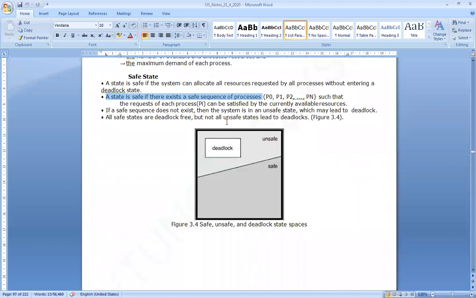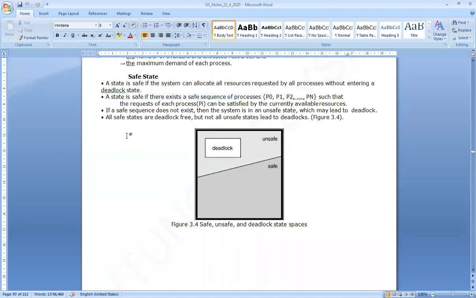That is called the safe sequence. We create a safe sequence in such a way that all the resources requested by the processes are provided at the right time, and the processes execute. That is called a safe state.